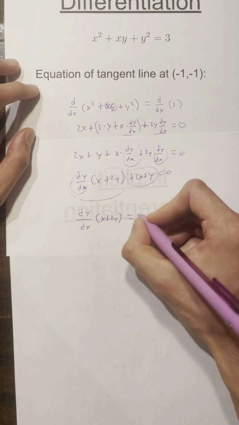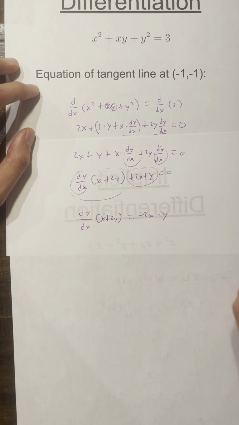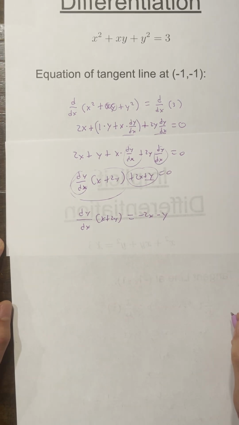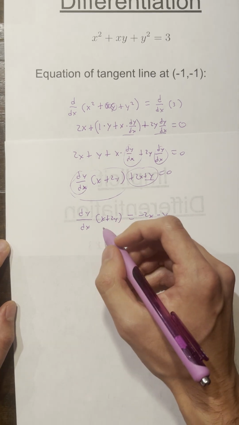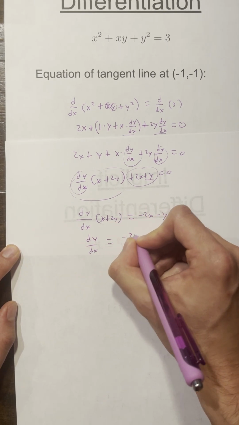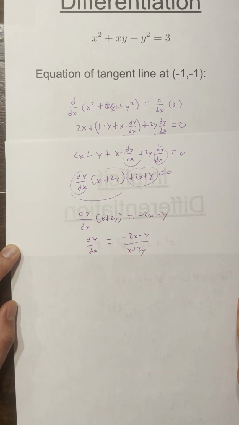So subtract 2x and then subtract y. Okay, what's next? Divide both sides of the equation by this. Okay.